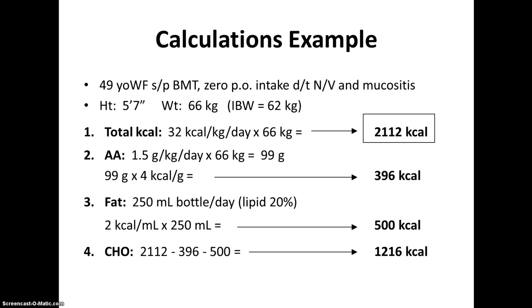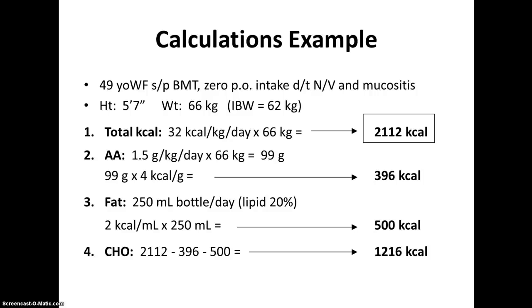So step number 3, we want to calculate the kilocalories and the amount of fat that we need to provide. At the medical center, it's pretty easy. We either use a 100 ml bottle or bag of intravenous fat emulsion or a 250 ml bottle of fat emulsion per day, and it's a 20% concentration.